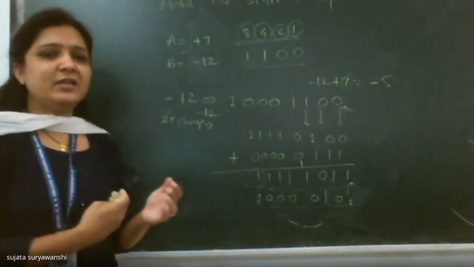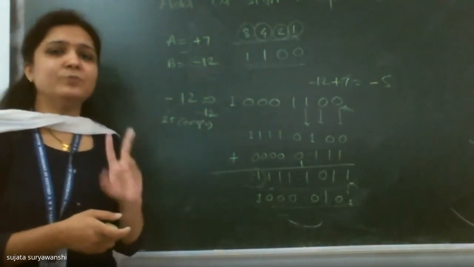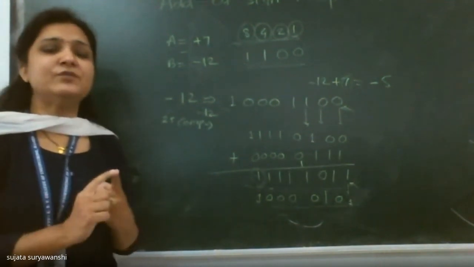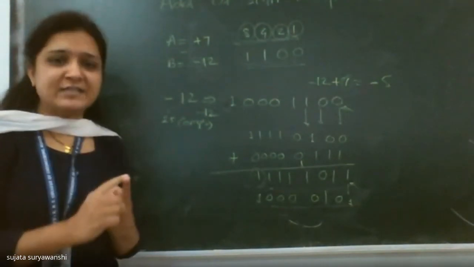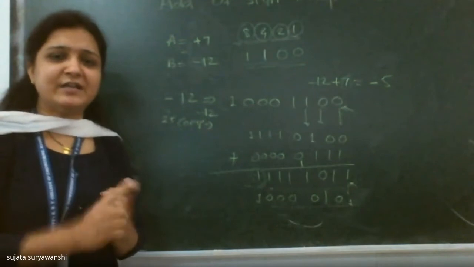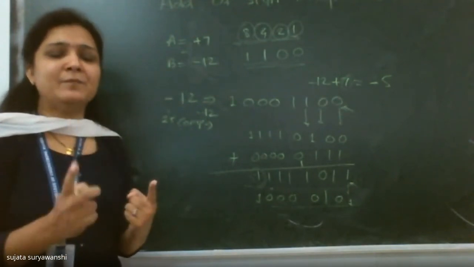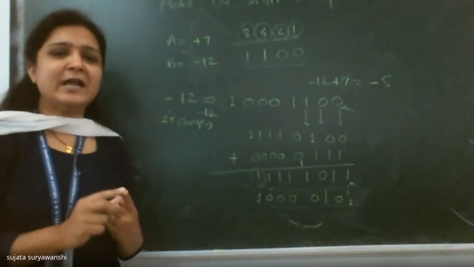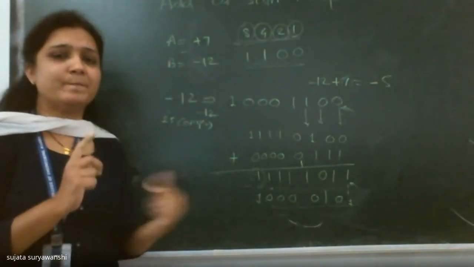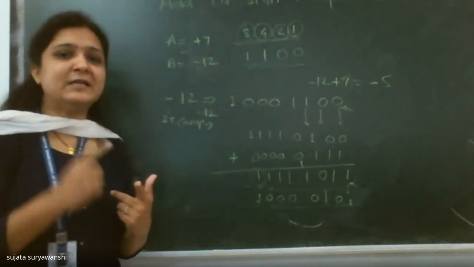Then you have to check whether a carry is generated or not in the result. If carry is generated, just discard that carry and consider only the 8-bit number. In that 8-bit number, if the MSB bit is 0, your result is positive.